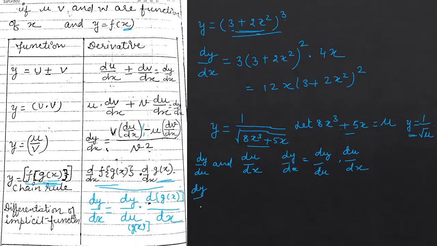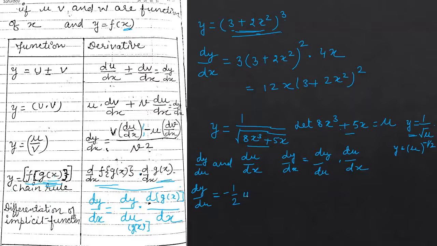dy by du is equal to minus 1 upon 2, as we can write this as y equals u raised to minus 1 upon 2. And we will find its derivative from the rule of differentiation of x raised to n.